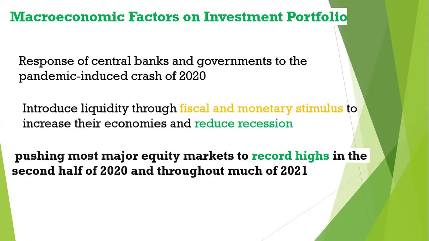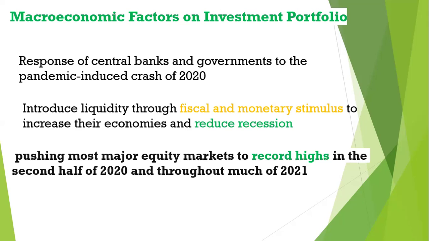So if I explain the second part, once the market was induced, right? They induced liquidity into that market. And because of that, it reduced the recession. And when the recession was reduced, this also stimulated equity companies to grow.